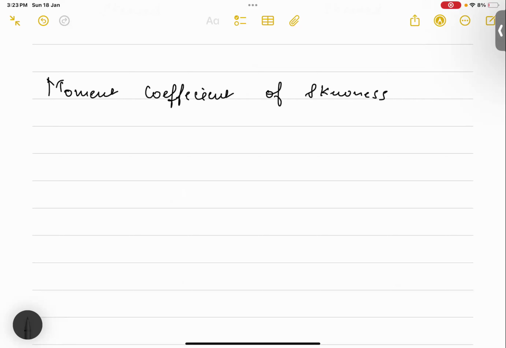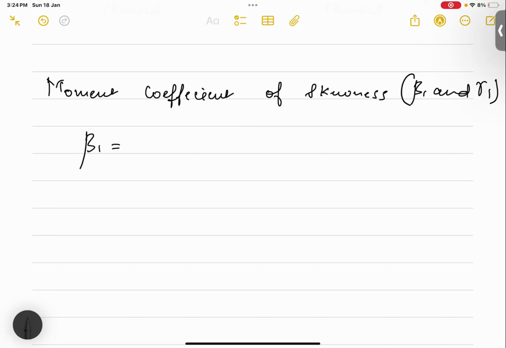Now this is based on central moments. So this is beta 1 and gamma 1.